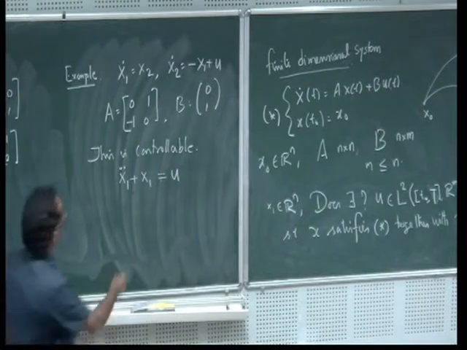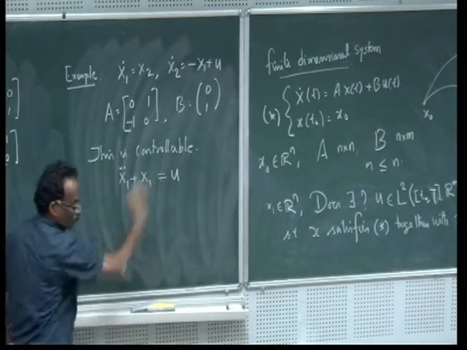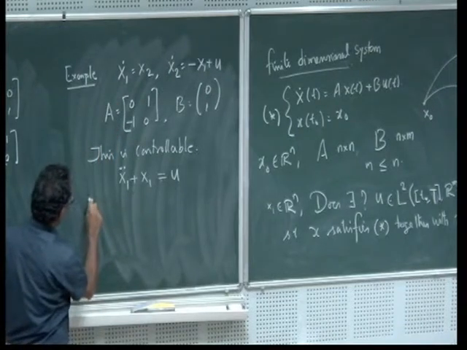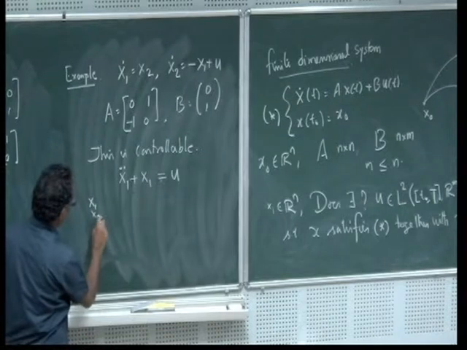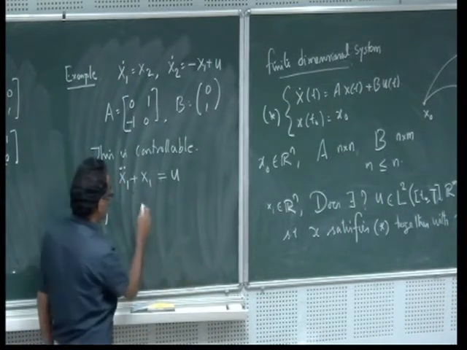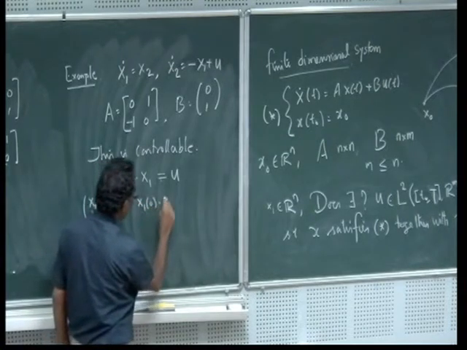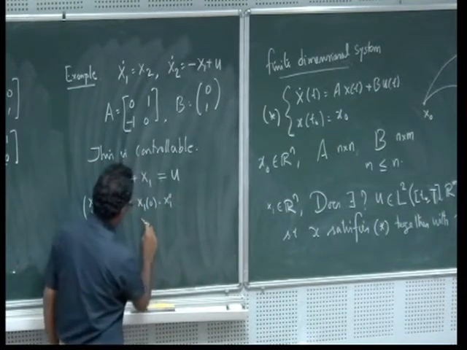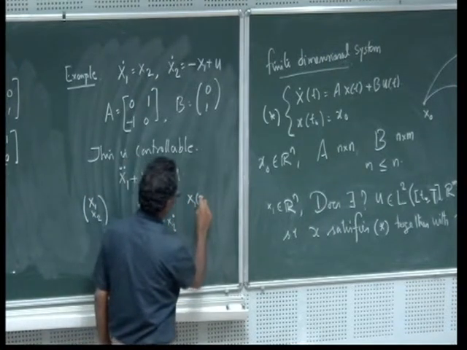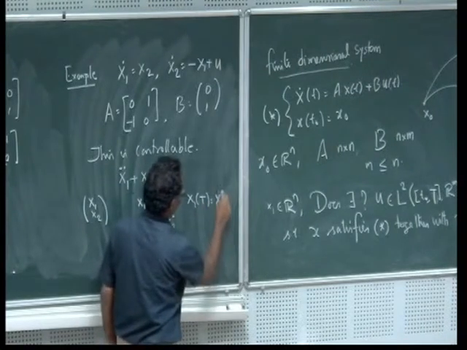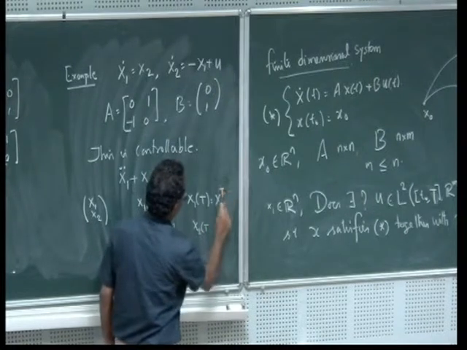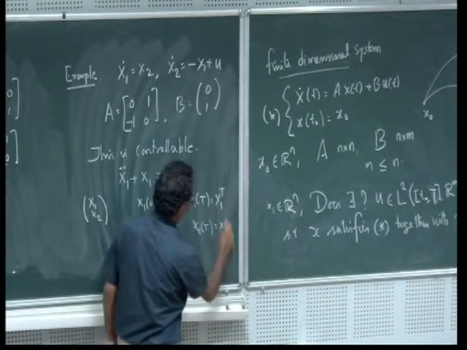And then the idea to prove it: I am not using any controllability trick. What is my idea? You want to find your x1, x2 in such a way that it also satisfies your final condition. So you should have x1 at 0 equal to x1 naught and x2 at 0 equal to x2 naught, and you also want x1 at T equal to x1T and x2 at T equal to x2T.